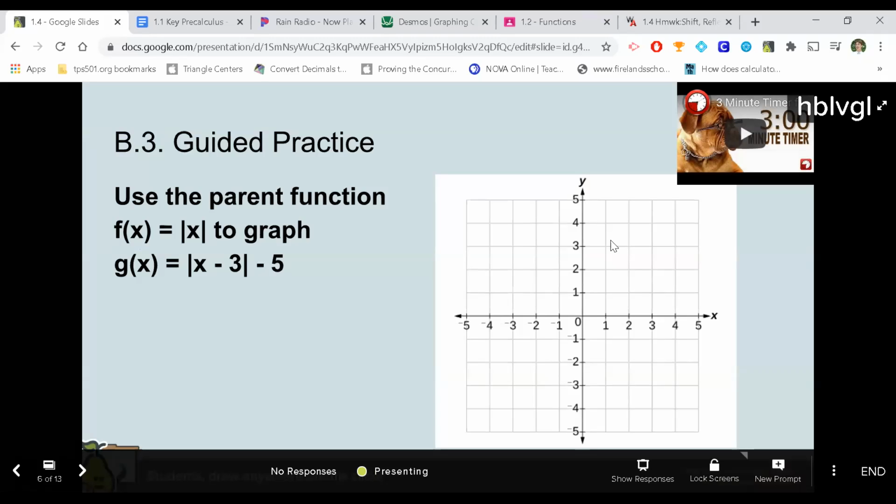So graph or use the absolute value function f of x equals the absolute value of x. It's the one that looks like a V. To graph this, g of x. And go ahead, you don't have to graph f of x on this, just g of x is all I need. I'll give you 3 minutes.